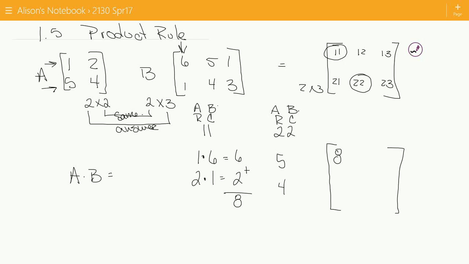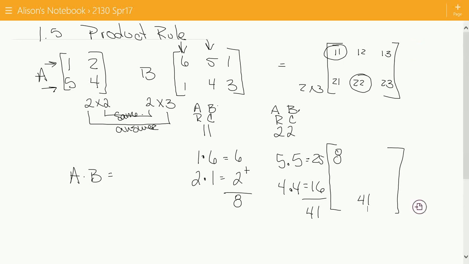And then I'm going to try to find column 2 on B. Well, there is column 2 right there, which is 5, 4. So I'm going to multiply them together. This is going to give me 25. This is going to give me 16. And then I'm going to add the two of them together. This should give me 41. And so this value right here is going to be 41.